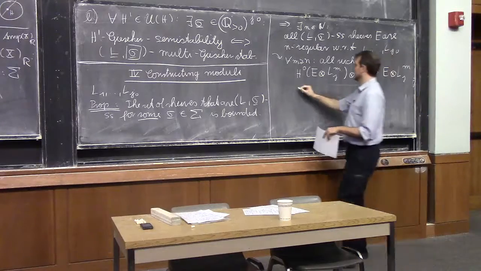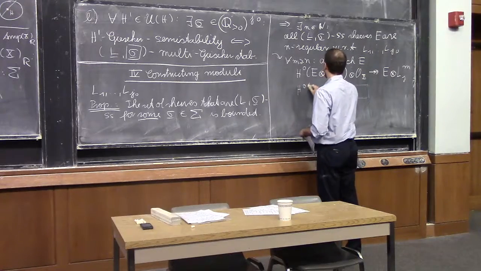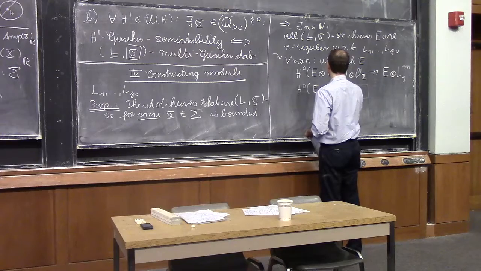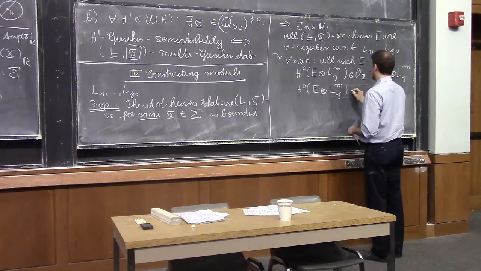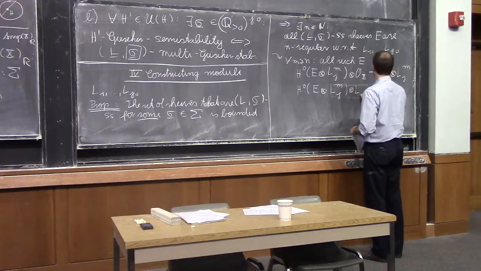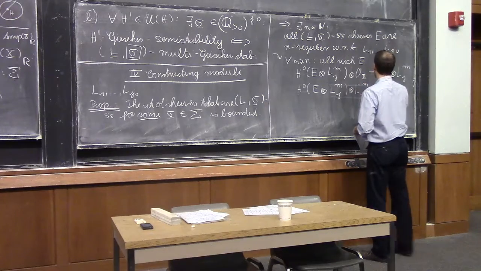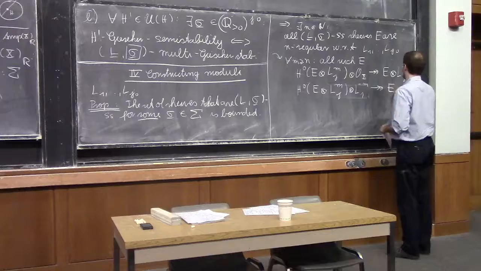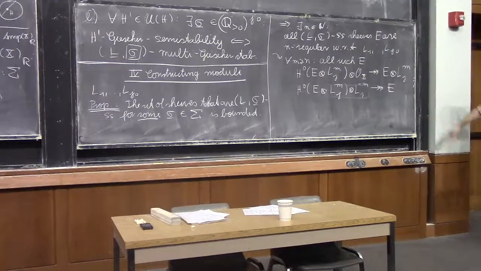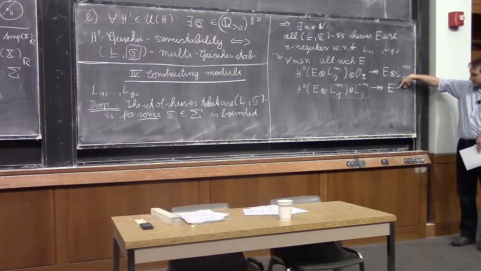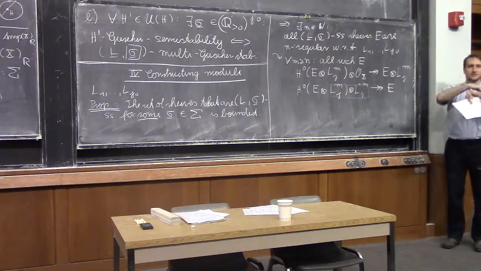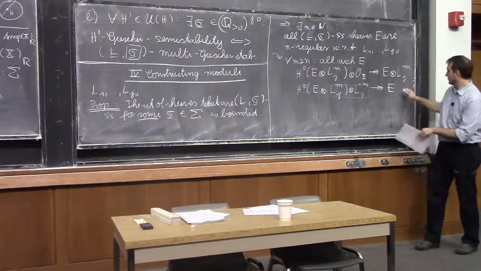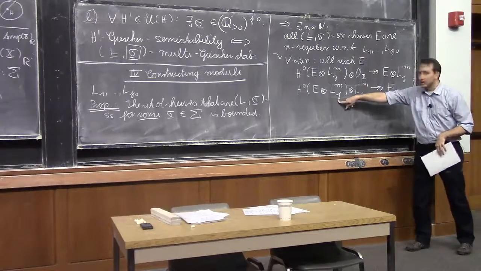Or, how should I think about this? I twist the other way, so I have H naught of E tensor Lj to the m, tensor Lj to the minus m. This surjects here. So I realize each E as a quotient in J naught ways, where j runs from 1 to J naught.